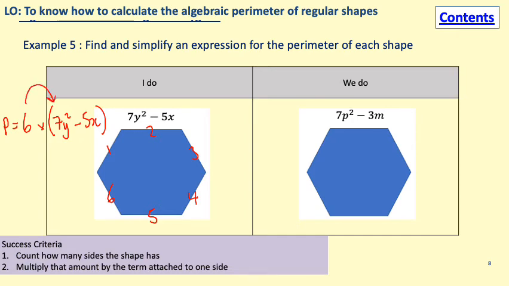So first of all, we have to do 6 times 7, which is going to give us 42, and we're still timesing by y to the power of 2, or y squared. Then next we need to do the positive 6 times by negative 5x. So positive and negative, going to give me negative. 6 times 5 gives me 30, and I need to remember that we're still timesing by x. So there we go. Pause the video, give yourselves a minute to try and do the next we do.